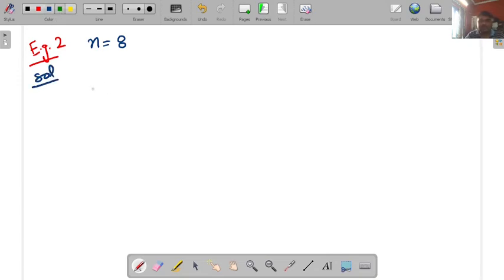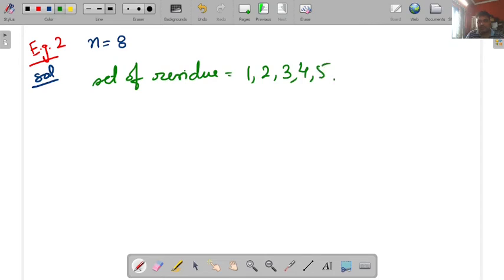In this solution we will find the set of residues, which is 1, 2, 3, 4, 5, 6 and 7. Here the first is n is equal to 1 and the last is n is equal to n minus 1.